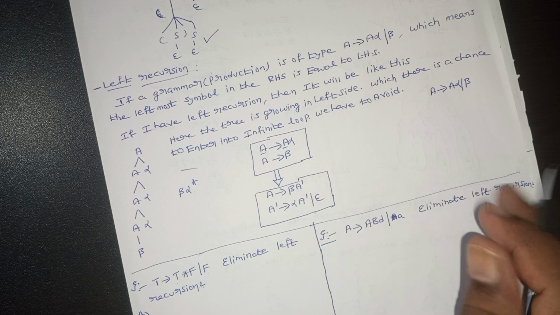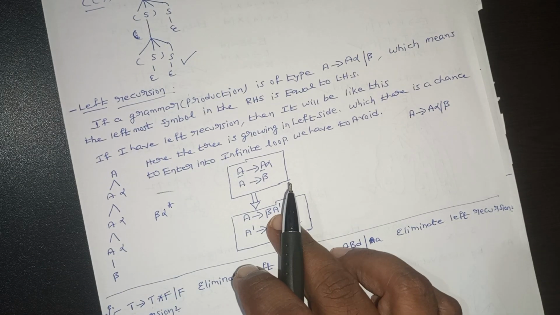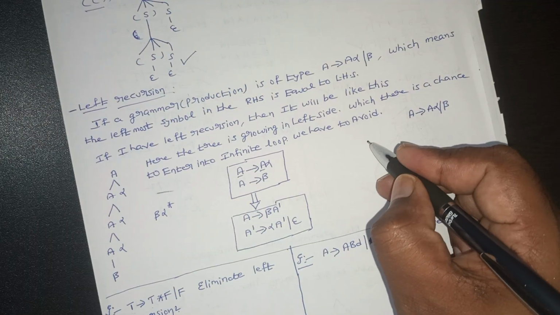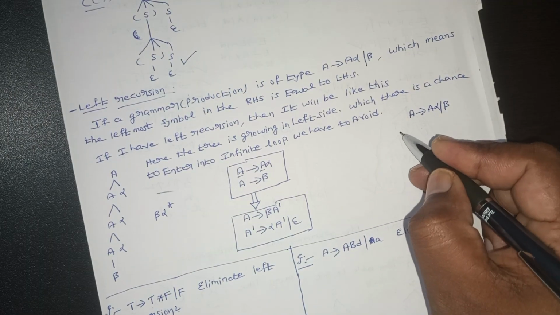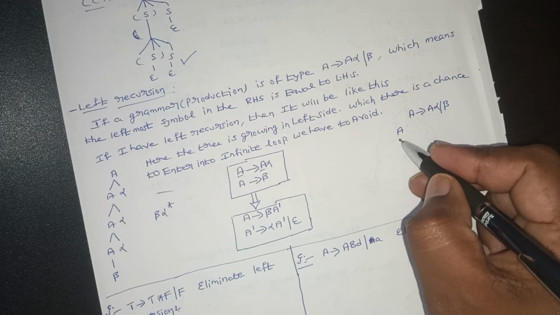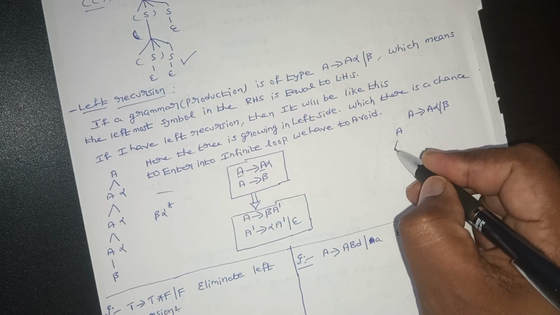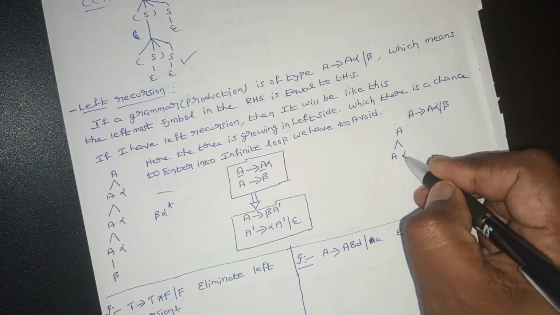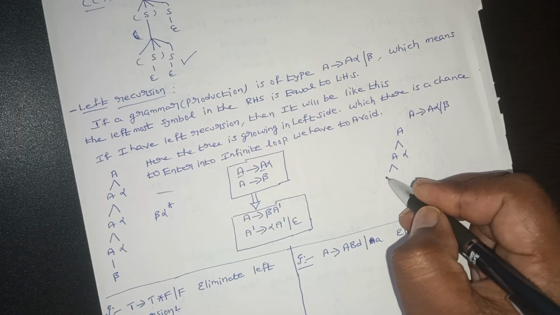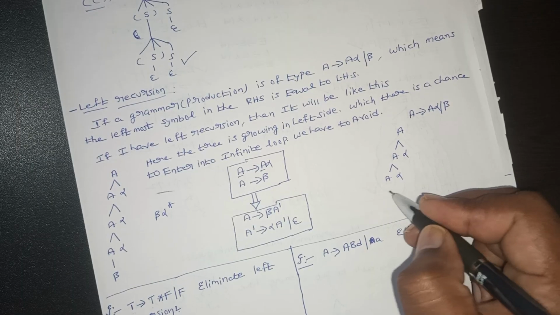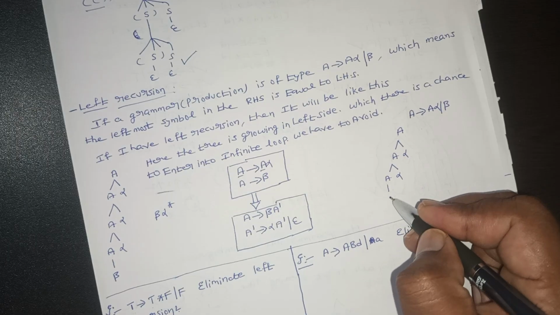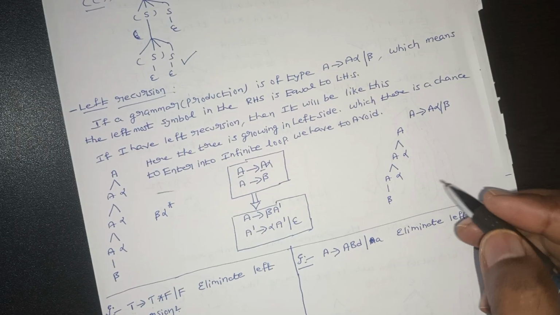I will take one example to show how I am getting this. A tends to A alpha, again A alpha, then in the place of A, I am writing beta.